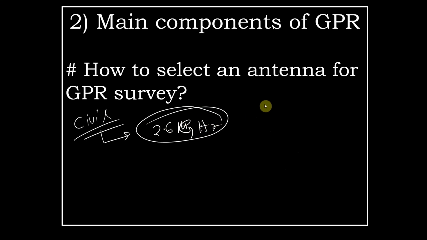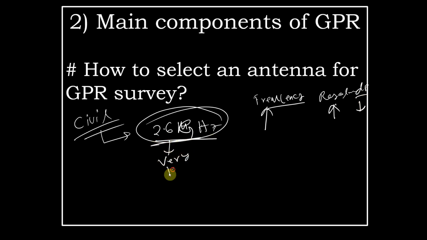And remember one thing: if the frequency of the system increases, then the resolution will be higher, but the depth of penetration will be lower. Okay, so 2.6 gigahertz gives you very high resolution data, but it can penetrate up to a few centimeters.